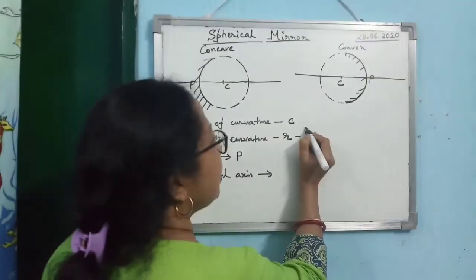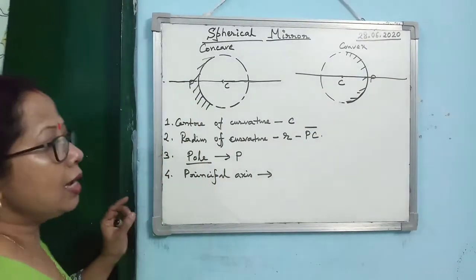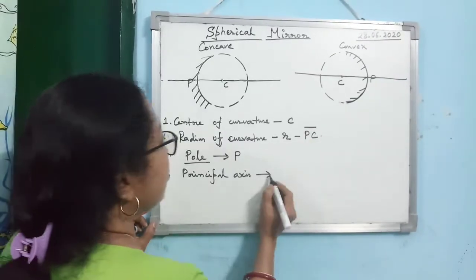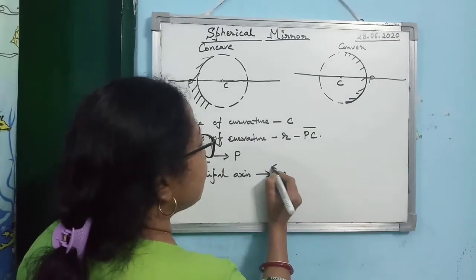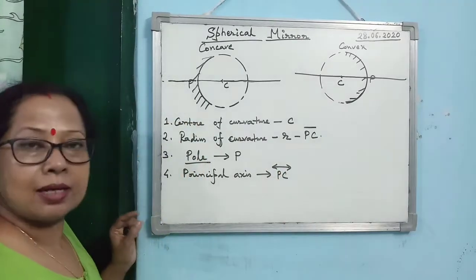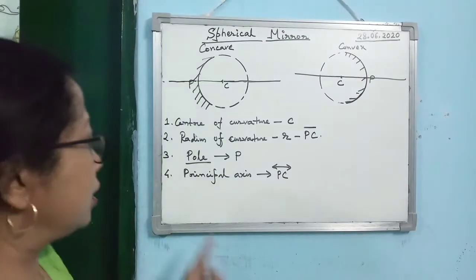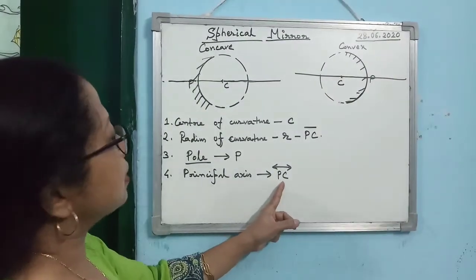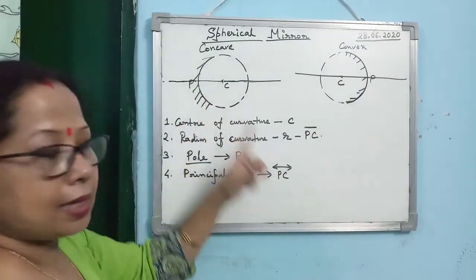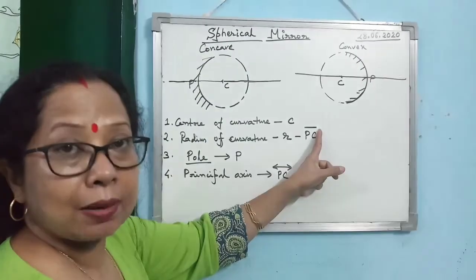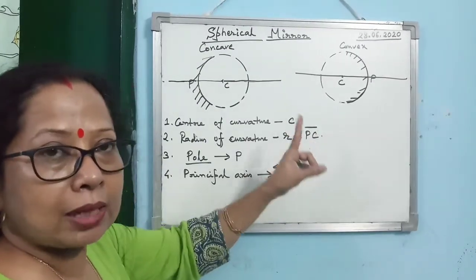So here you see, when you are writing radius of curvature, you give a bar only. Why? Because this is a limiting length. But when you are writing principal axis, then give the line sign. You know, line can be extended in both the directions till infinity. So what is the principal axis? The line PC. This is the symbol for line. Okay, this is the symbol for line segment. You have learned, I hope so, in mathematics.